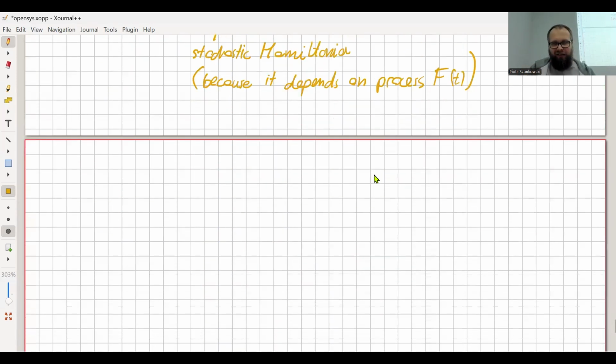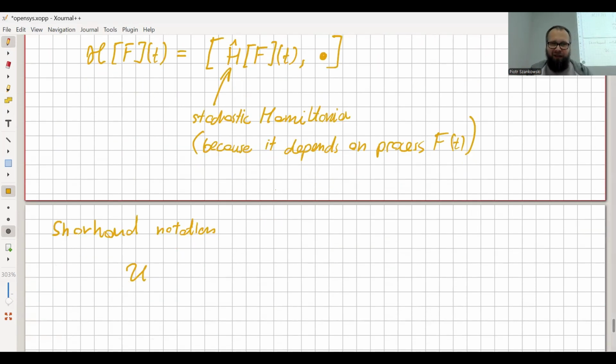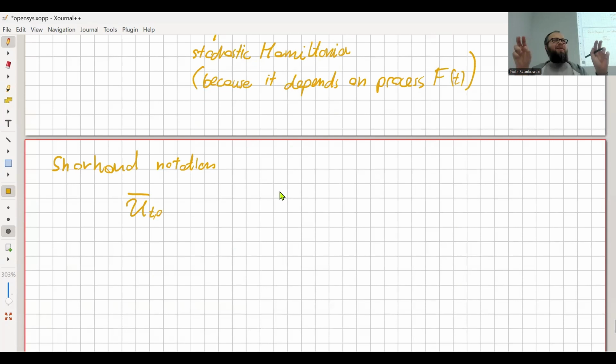I will use a shorthand notation. If from context it's clear what kind of Hamiltonian we have and what stochastic process we are dealing with, I will use a symbol like, for unitary maps we use U, so this will be U with a bar, which by definition is this averaged object.